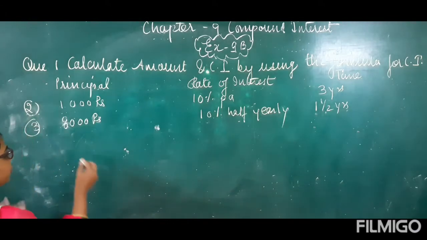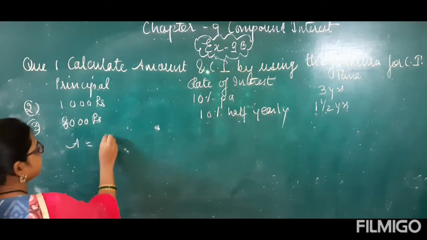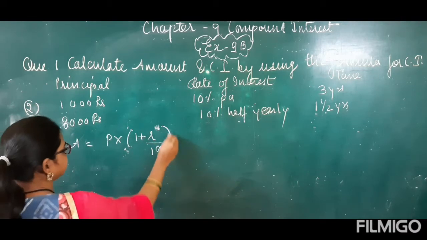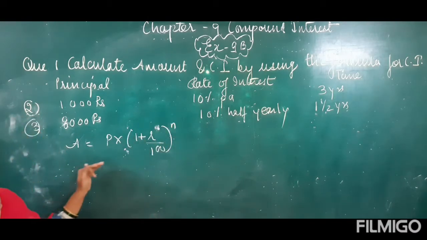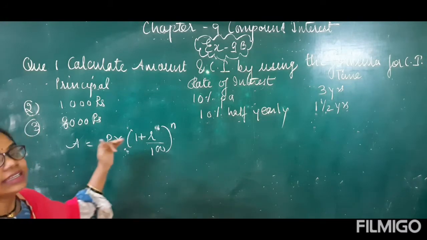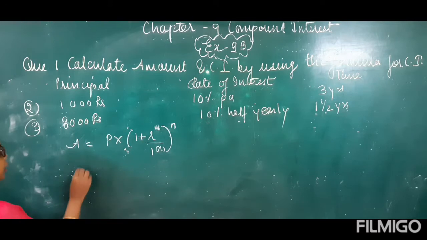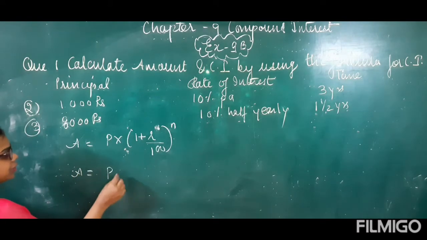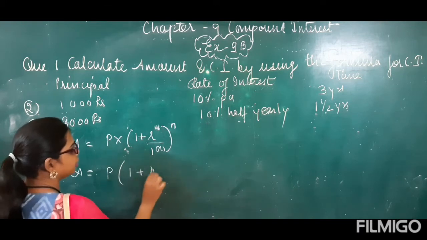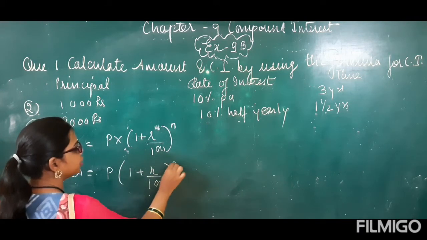As you know, the formula for amount is principal into 1 plus r upon 100 to the power n. This is the formula when we calculate the amount yearly, but when we calculate the amount half yearly, it will become principal into 1 plus r upon 100 to the power 2n.